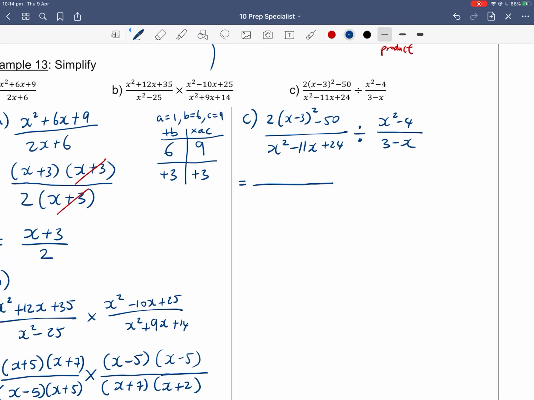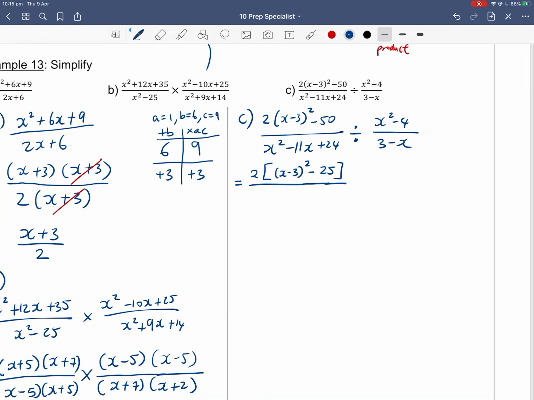So on the top, I have 2 and 50, so they're both even, so let's take out a common factor of 2. So we're left with inside x minus 3 all squared minus 25, and this helps because 25 is a perfect square, so it's again in the form of a squared minus b squared, which we can factorize to be a plus b, a minus b.